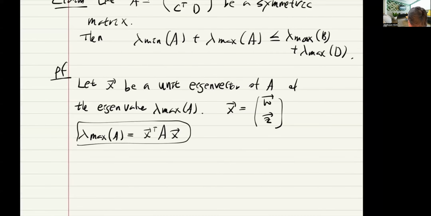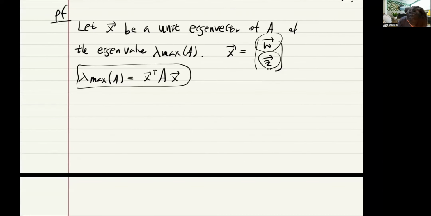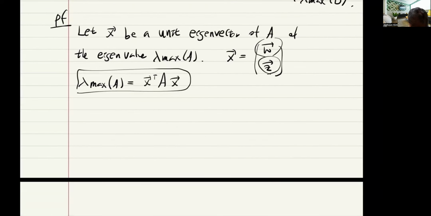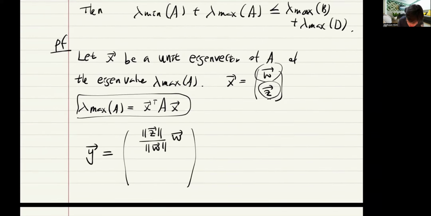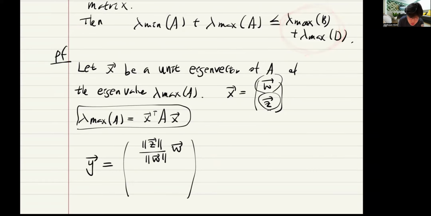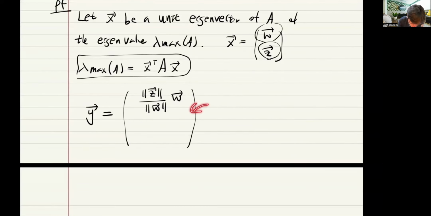For that purpose, we define y in this way. This definition is based on trial and error. Later you do this computation, try to see how you get this, and that motivates this choice.